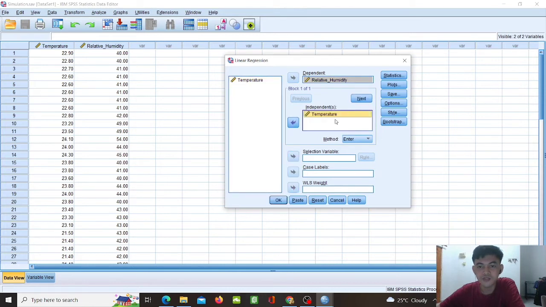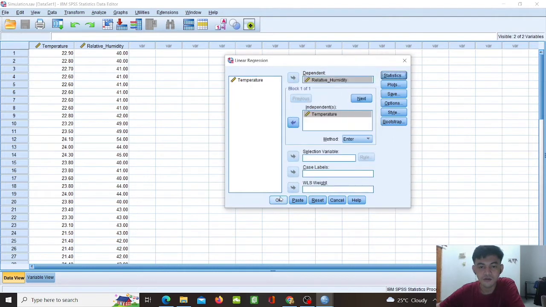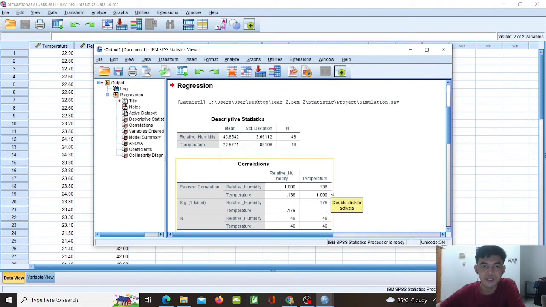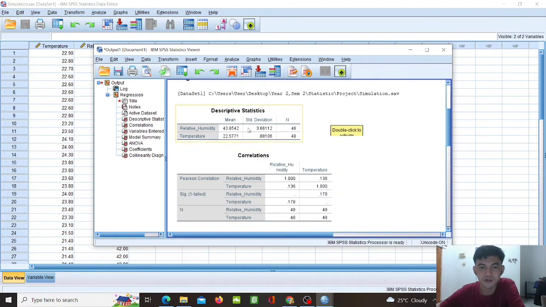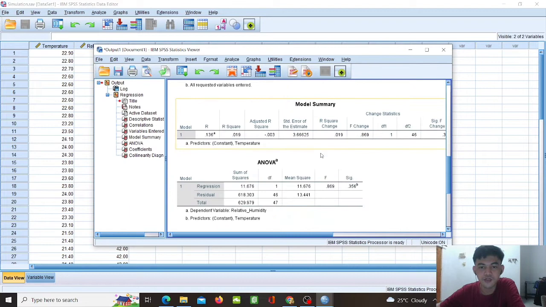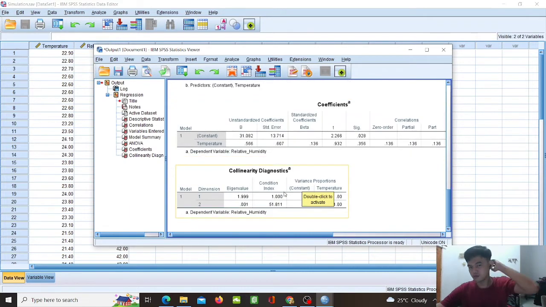After this we go to Statistics, click on this, then Continue, and OK. After that, it will show our output. This is our result. We have descriptive statistics, correlation, variables, model summary, ANOVA, coefficients, and casewise diagnostics.